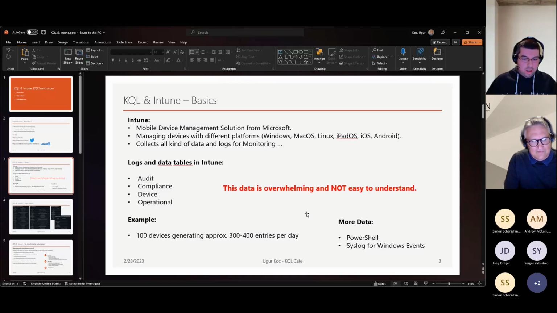You can ingest this data also, but something very interesting is the Windows event logs with the monitoring agent. I guess the new one is called Azure Monitoring Agent. I'm not sure about the name, but I guess it is. So at the end of the day, you can collect data from everywhere. And the important part, which I will show later on, is the filtering and sorting of this data.